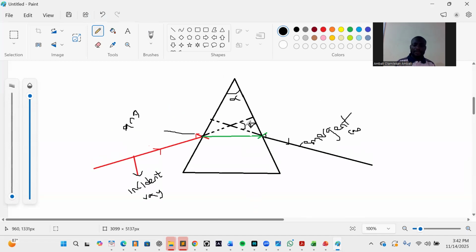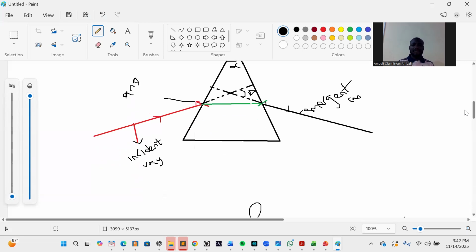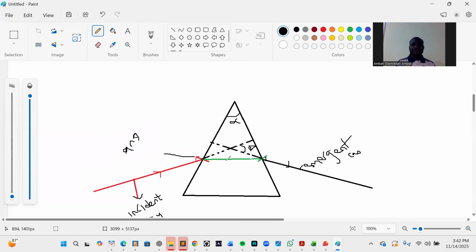And the deviation at that particular point is called the angle of minimum deviation. So that means the deviation is least, is minimal. This is the meaning of symmetrical refraction.